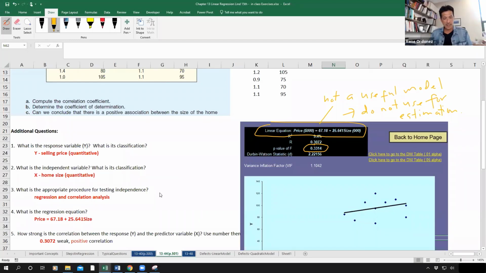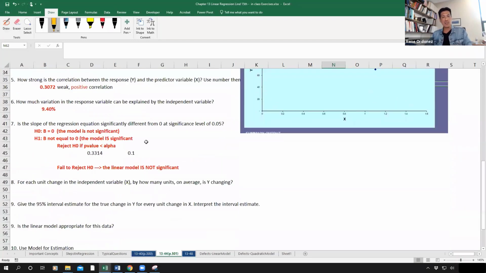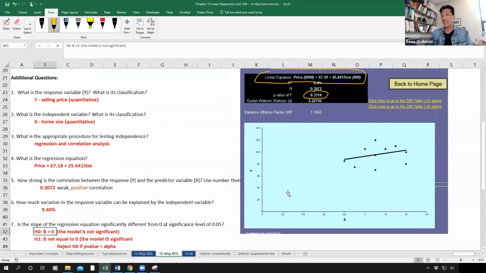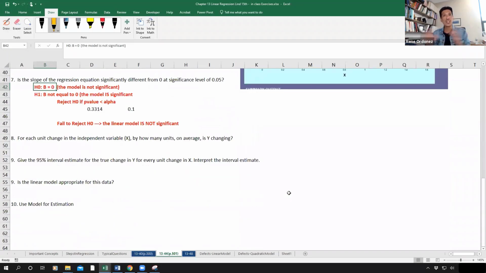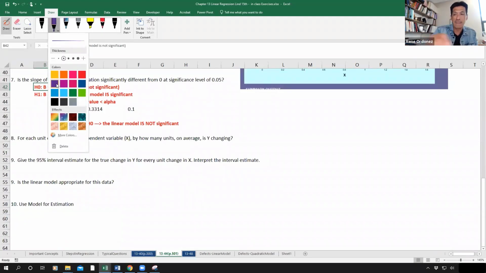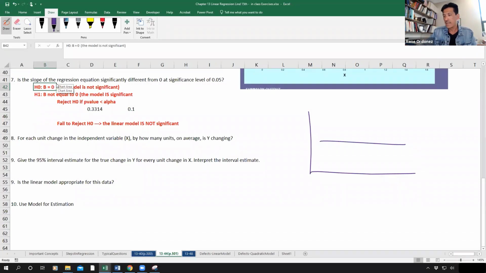Okay, sure. So we go back to this slope test, right? The slope test says that the slope of the equation is 0, meaning there is no relationship between x and y. So the translation of the null hypothesis is that this slope is equal to 0.